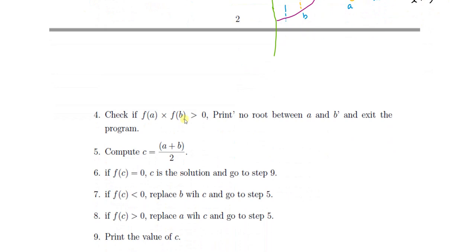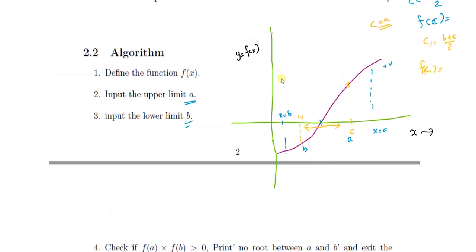Now if f of a into f of b is greater than 0, find the value of f of a and f of b. Print if both f of a and f of b are positive, or if both are negative. So we are choosing values of a and b either in this region or in this region.